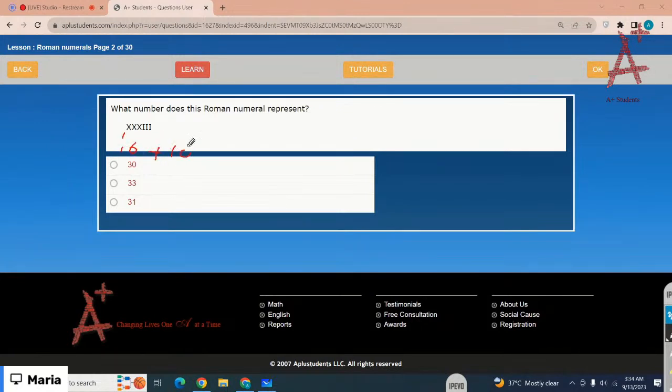For the first one you have 10, for the second one you have 10, for the third one you have 10, and 1, 2, 3, that would be 3. So when you add them, they make 33, right? So this Roman numeral represents 33. The correct option is 33.